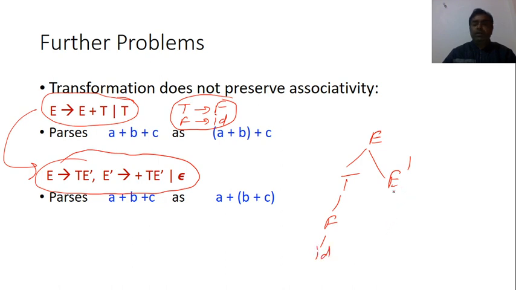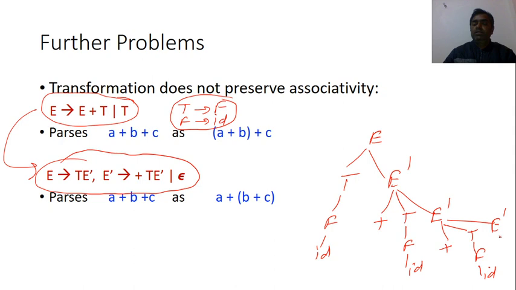Now I can write it as E derives to plus T E prime. Then this T derives to F and F derives to ID. It can be written as plus T E prime. This T derives to F, F derives to ID, and this E prime derives to empty. Now I am getting the same string: A, this is B, this is C.